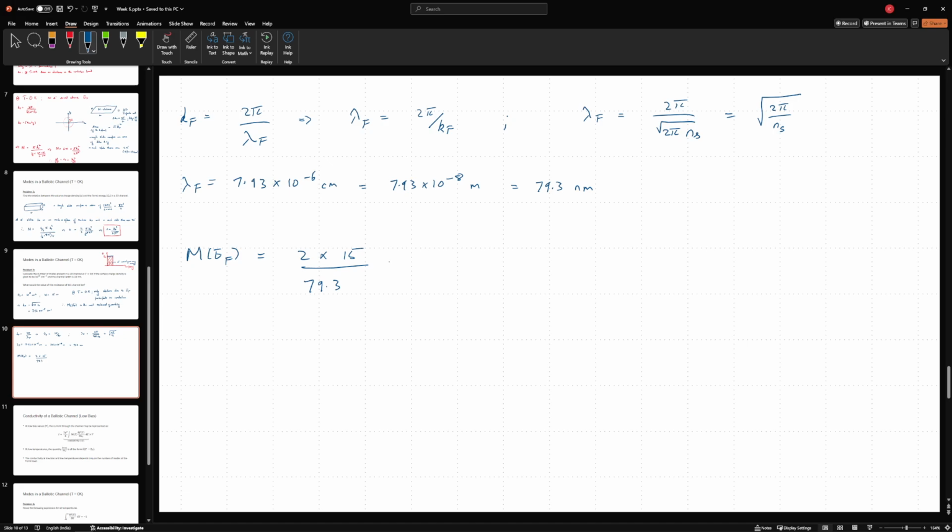I can take this to be roughly 80, or just to be accurate, 79.3. 15 divided by 79.3 is going to come out to be 0.38, which implies there are 0 modes available for ballistic transport.